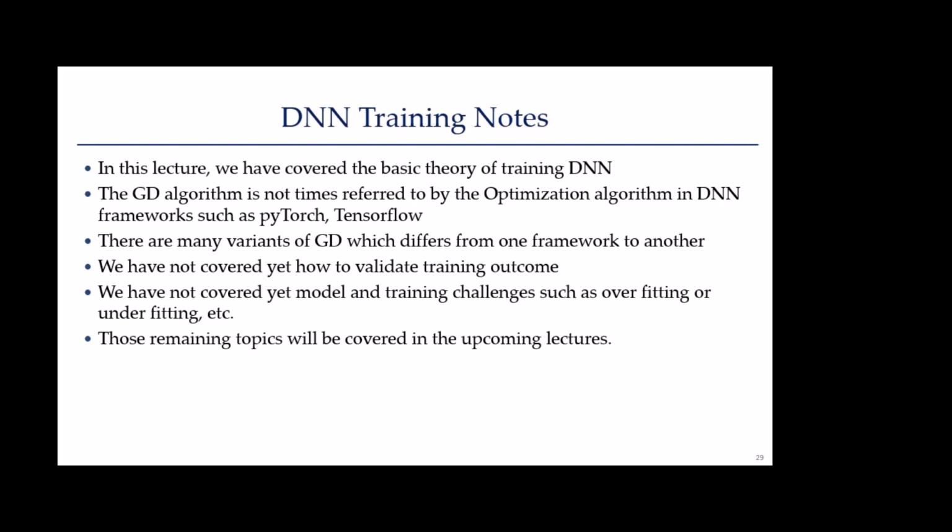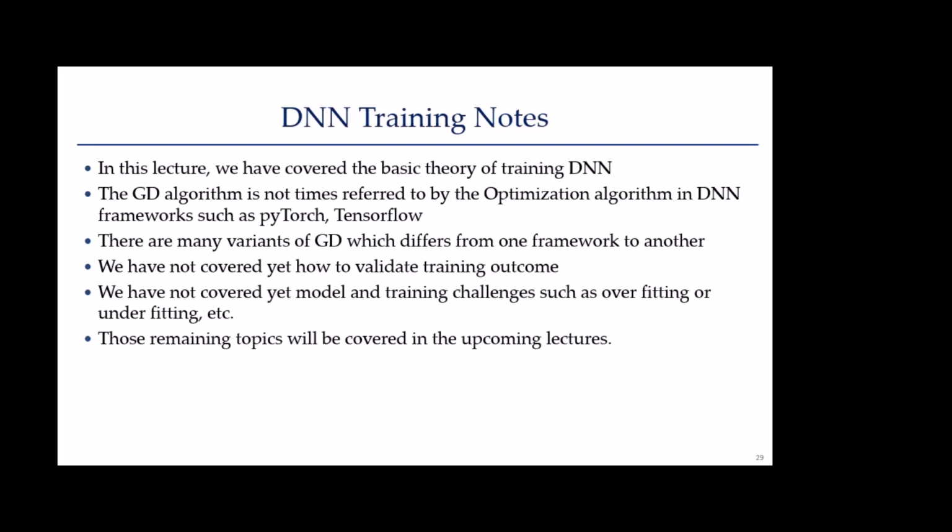So to summarize what we have covered in this lecture, we have covered the basic theory of training. We talked about the gradient descent algorithm. We talked about the loss function.